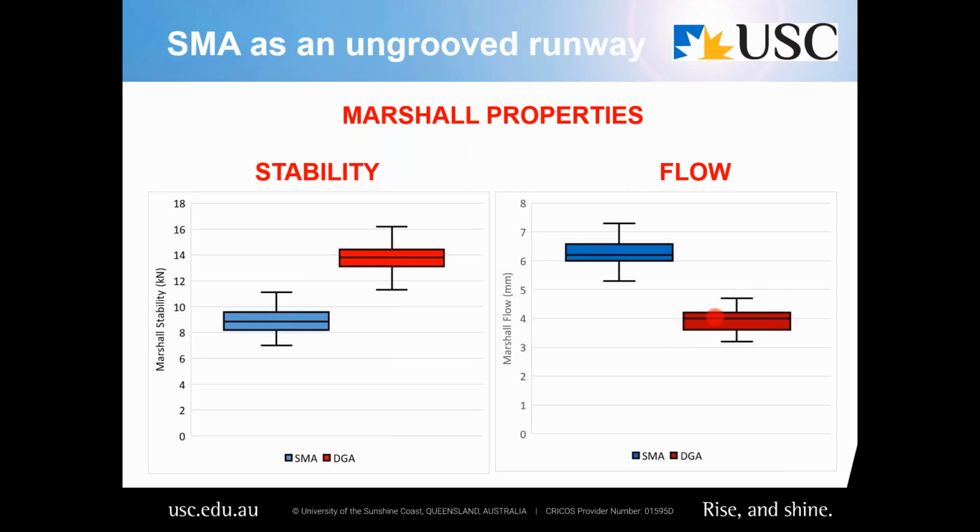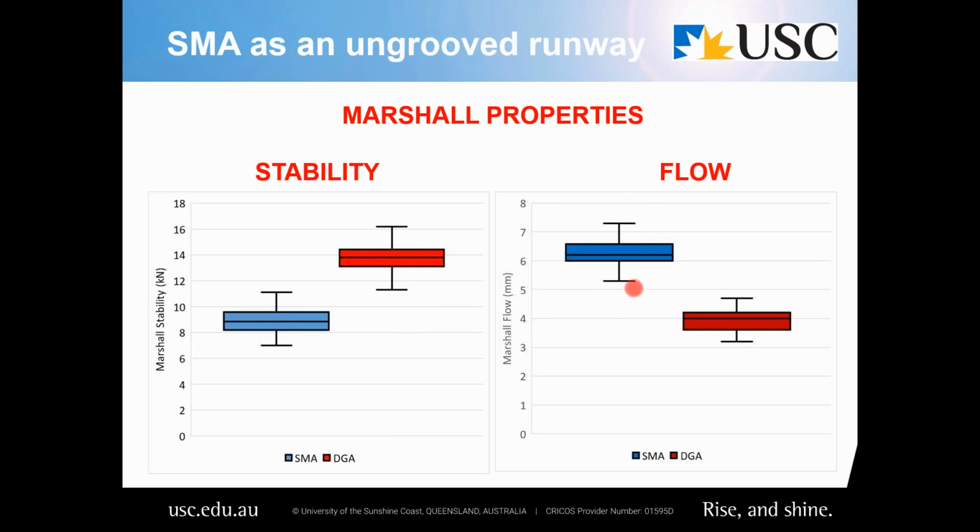Because of all the extra bitumen that's in the stone mastic, the stability drops down to 8, 10, which is technically lower than the values that are in our traditional airport asphalt specifications, which are generally above 12.